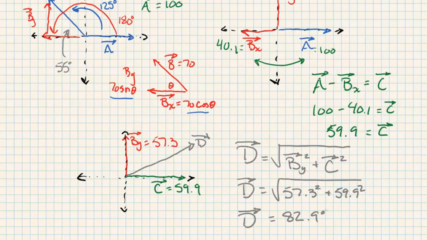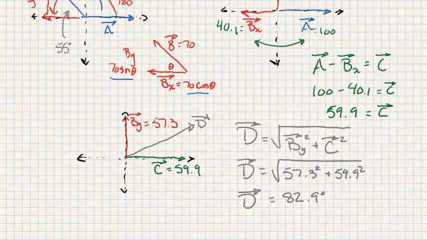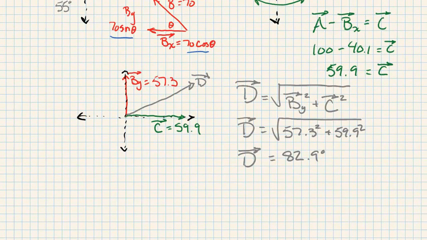We have to stress that that's the magnitude. We haven't gotten a direction out of that yet. In order to get the direction, the theta, which is how far it's lifted above the x-axis, or you could go ahead and get the angle from the y-axis if you want to flip your trig around.